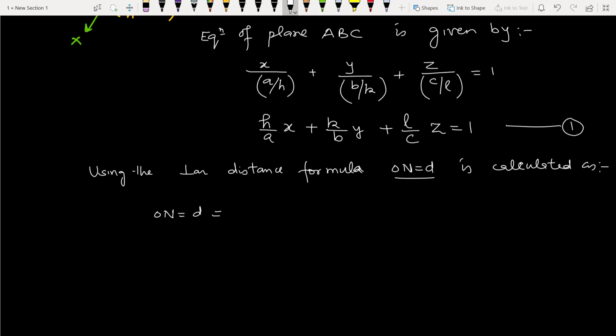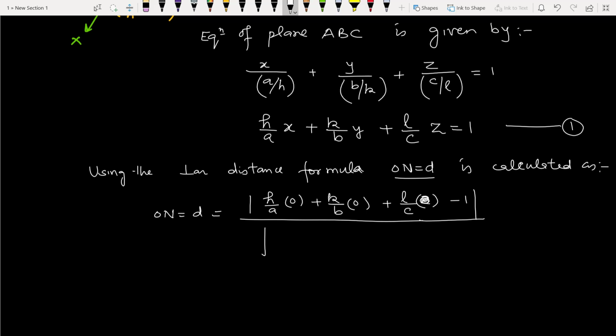here the perpendicular is from origin. So H over A first coordinate, K over B second coordinate, L over C third coordinate, minus 1, divide by square root of H over A square, K over B square, L over C square.